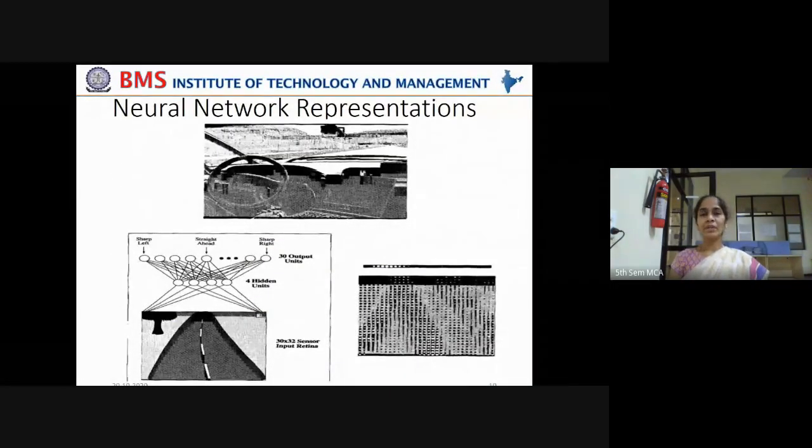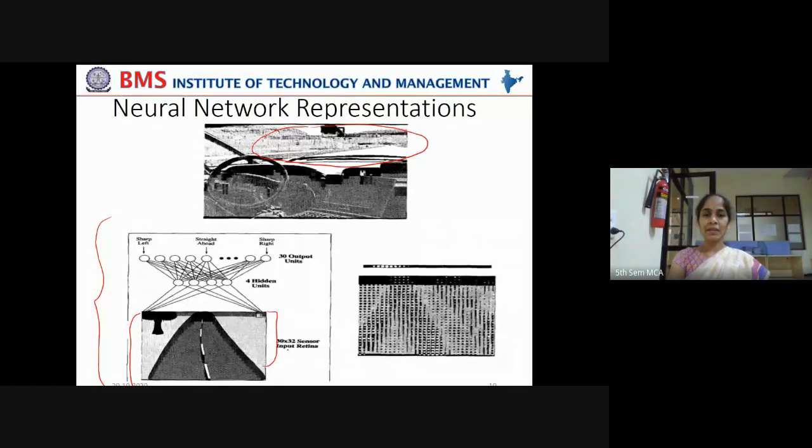Now let's see how it is actually represented. Say this is the visual that is taken by the sensor cameras or motion capture cameras mounted on the car top. Now, how is it given as input to the neural network? Focus your attention here, this part of the image. Now, this is the road image that it is coming across.